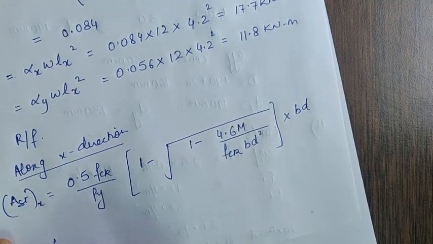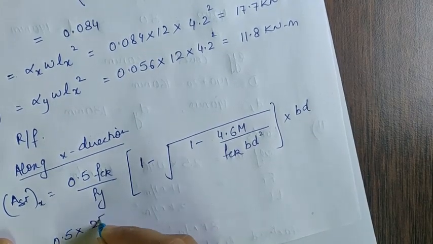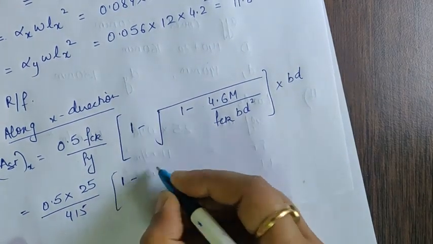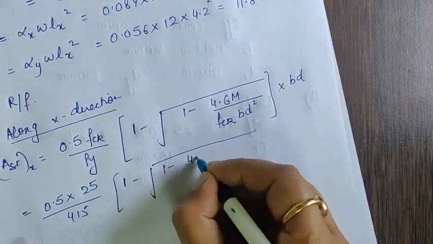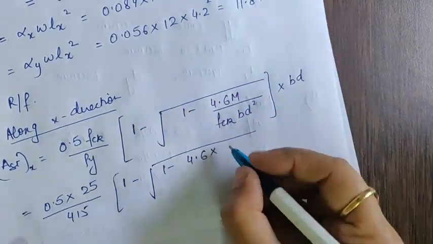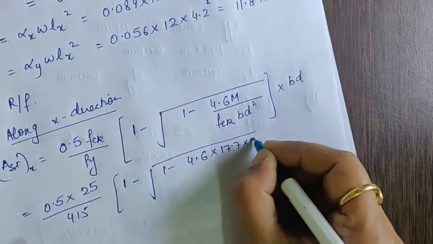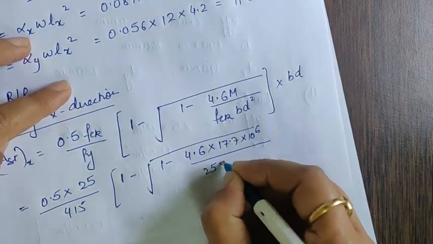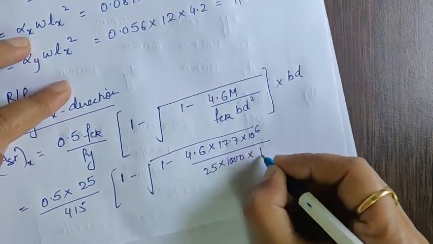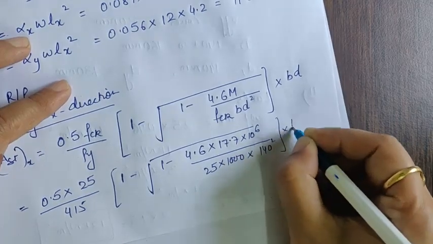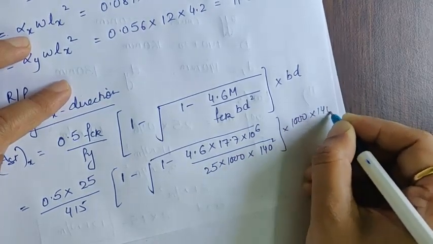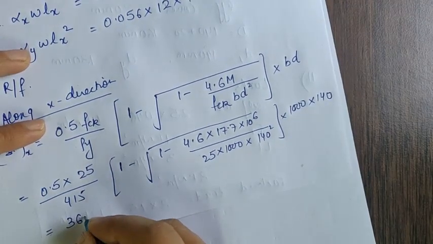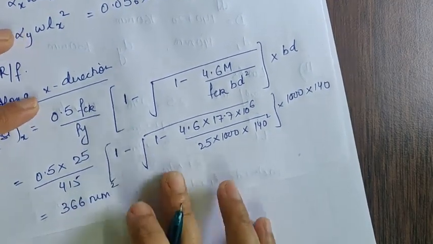So put the values. fck is 25, fy is 415, 1 minus root of 1 minus 4.6 into Mx, which is 17.7, upon fck is 25, b is 1000, dx is 140 square, into 1000 into 140. Okay, so this is coming out to be 366 millimeter square.